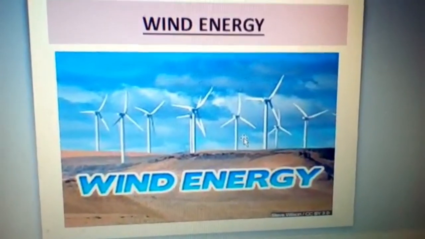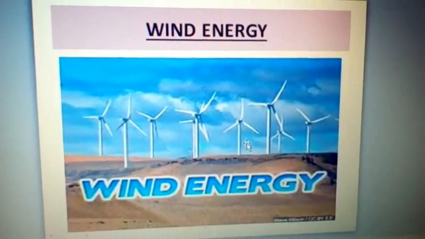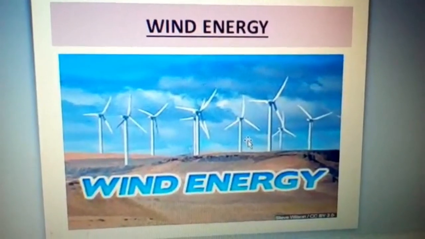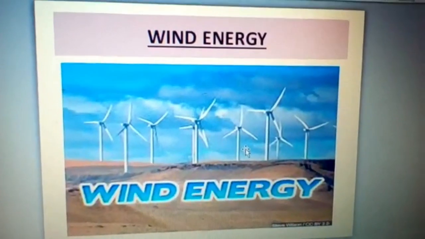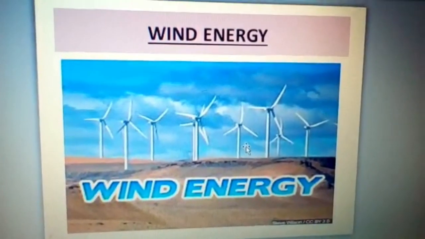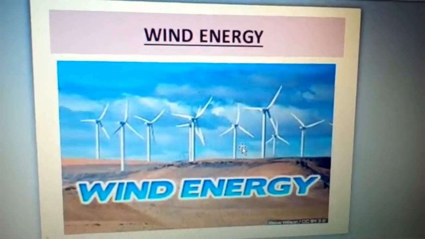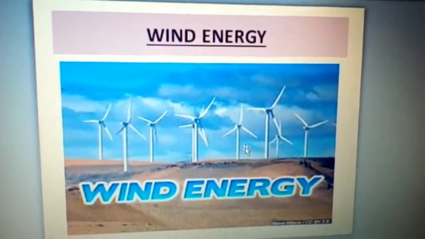Now I'll be adding a video so that you can understand the technical formation of the electricity through the turbine and the generator. But before that, we need to understand where all these are being used in an extensive manner, and where you have too many windmills in one area. That area is known as a wind farm.